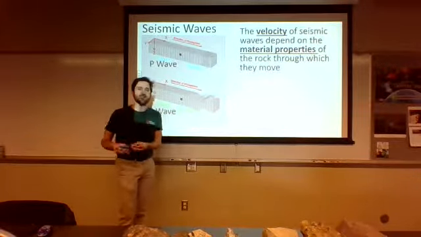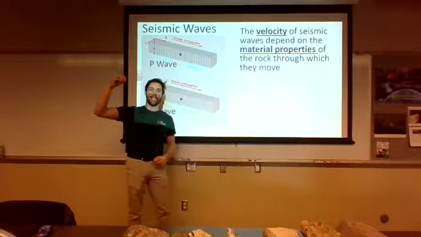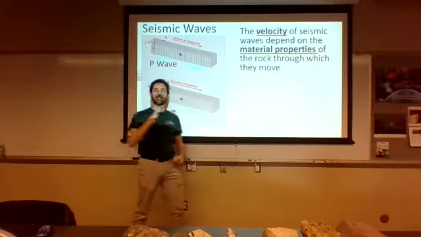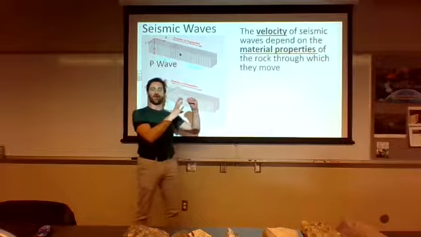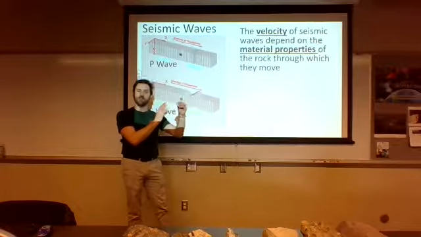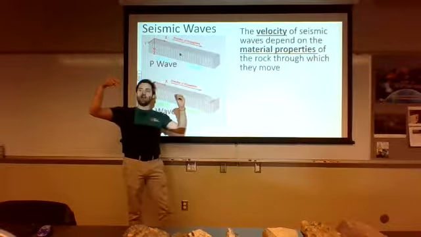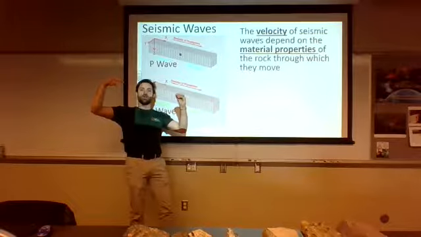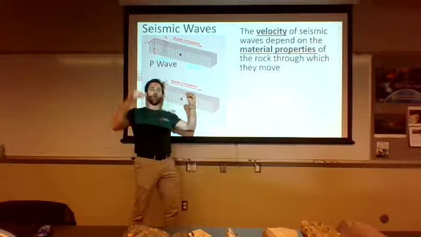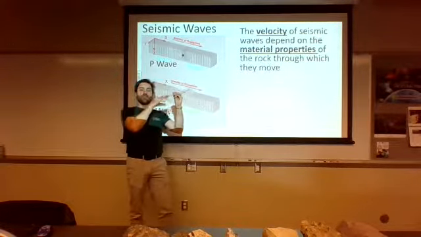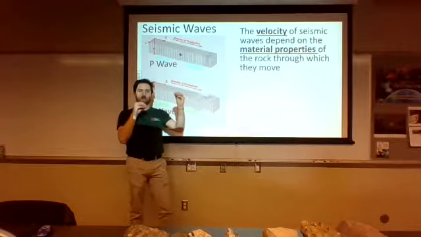Okay, now how does this help us? How do waves help us, right? If you're on one side of the Earth and the vibrations are propagating through, and you pick up the vibration on the other side of the Earth, if that wave is traveling through less dense material or more dense material, that changes the velocity.